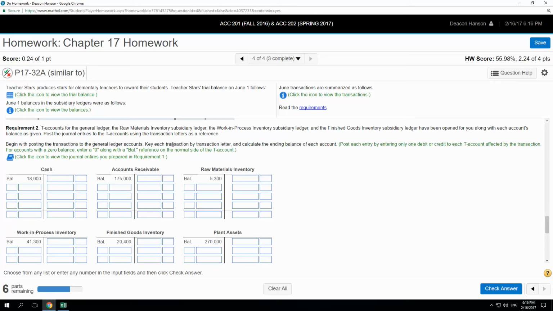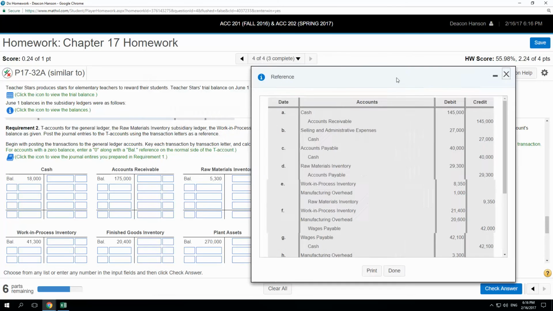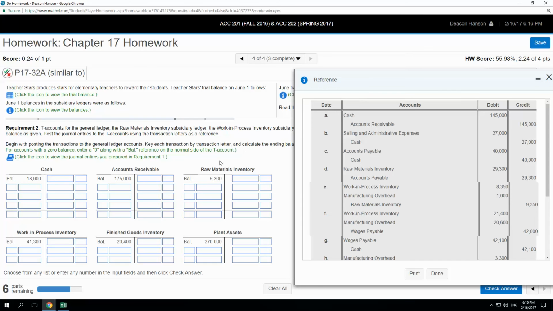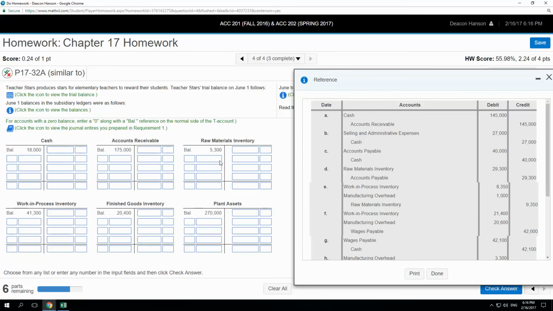Post the journal entries to the T accounts and use the transaction letters as references. The neat thing is they give us the entries, so we can have this side by side and don't have to scroll back up and down. This is the tedious process, where you have to stay focused and keep your attention to detail going.